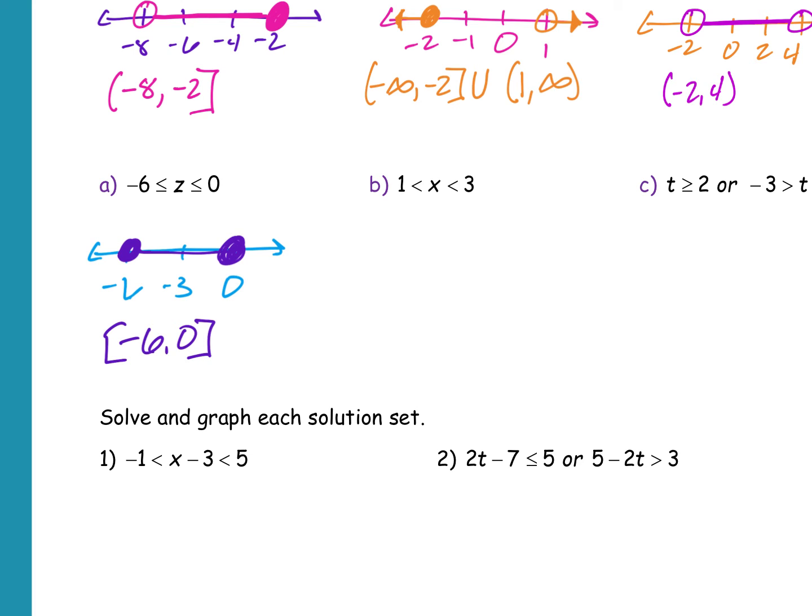Questions? We okay with that? One, 2, and 3. X is greater than 1 and less than 3. In between again. 1 to 3. Parentheses. Beautiful. Okay.